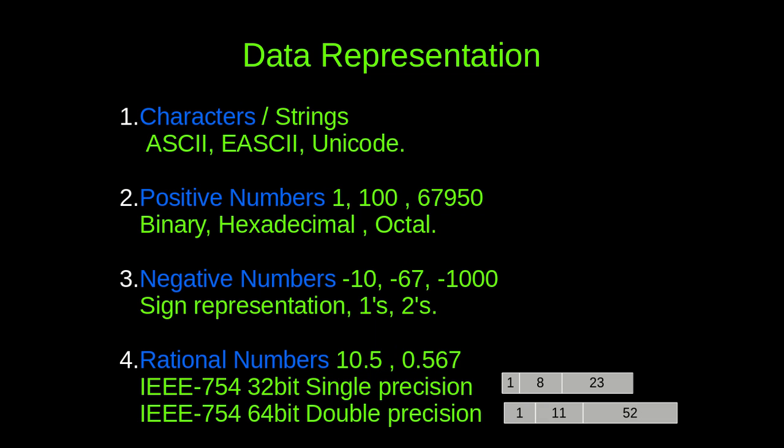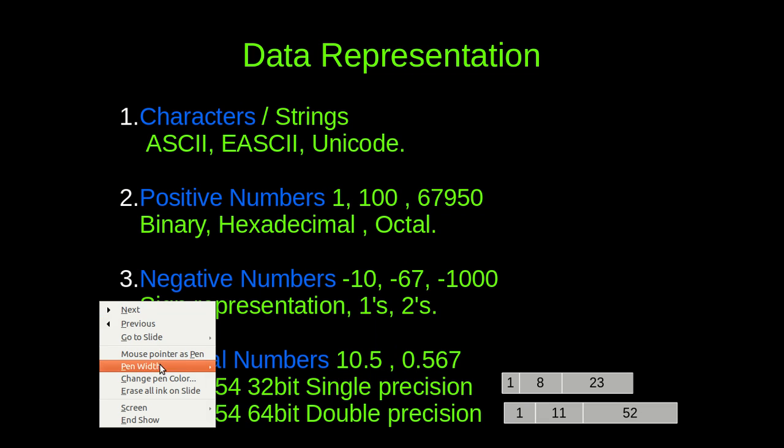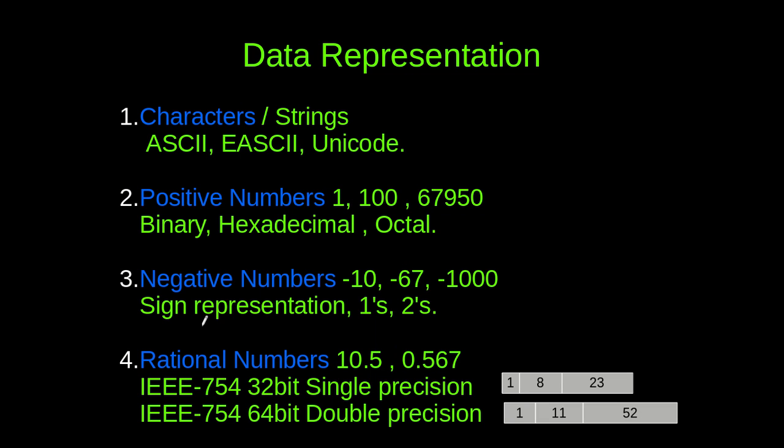The problem with sign representation and 1's complement was representing -0 and +0. Those are the same number, which is 0, but in sign representation and 1's complement, they have 2 different representations.